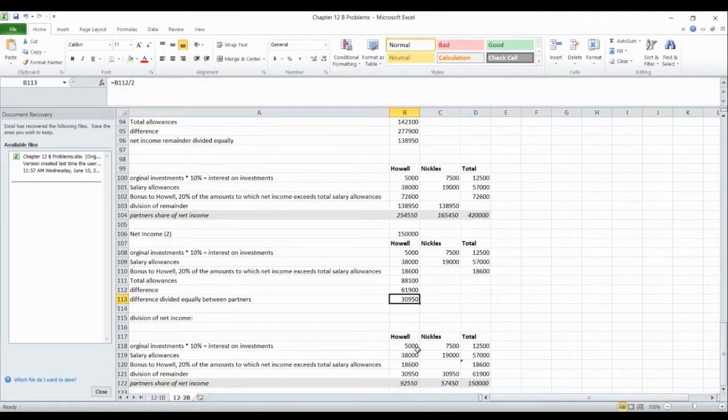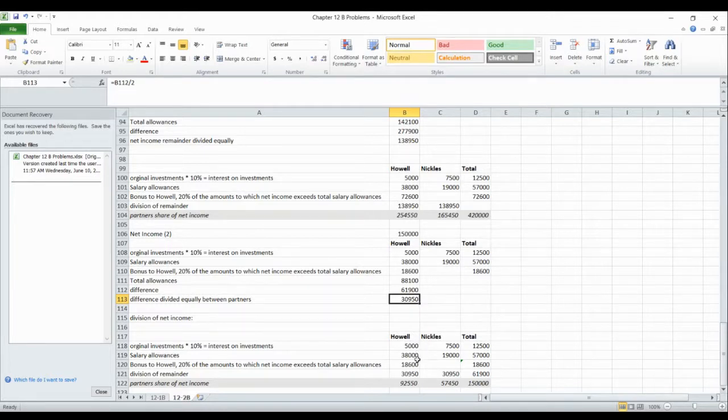Notice that Hal has $5,000 from the interest on his original investment, $38,000 for the salary allowance, the bonus to Hal, which was $18,600, and the division of the remainder, which was $30,950.